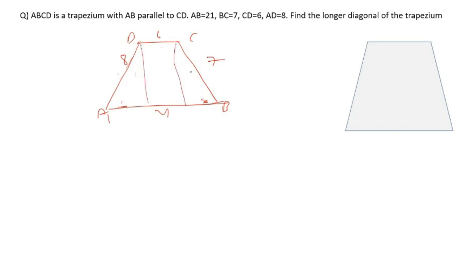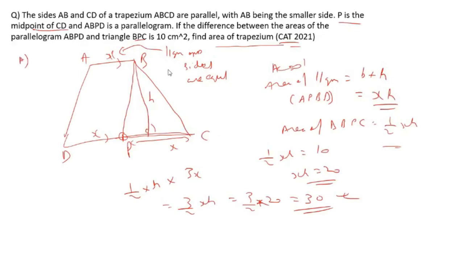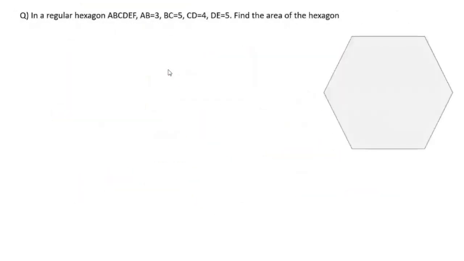Solve those three equations to get the outstanding portions here, and then the diagonal will come from this triangle itself. So that is basically it in terms of polygons.